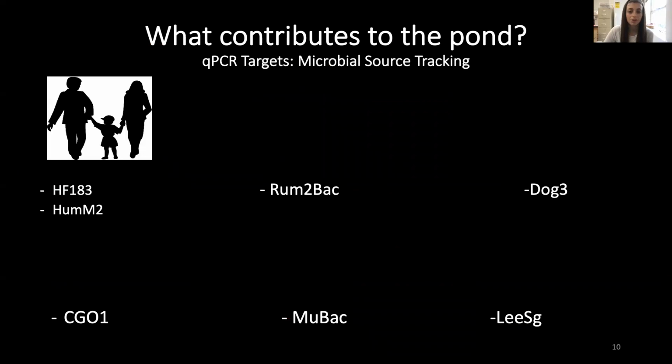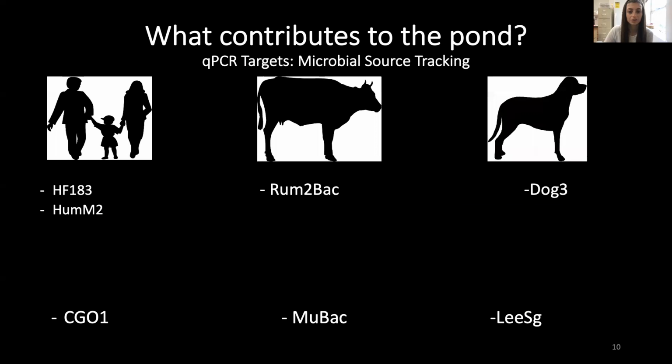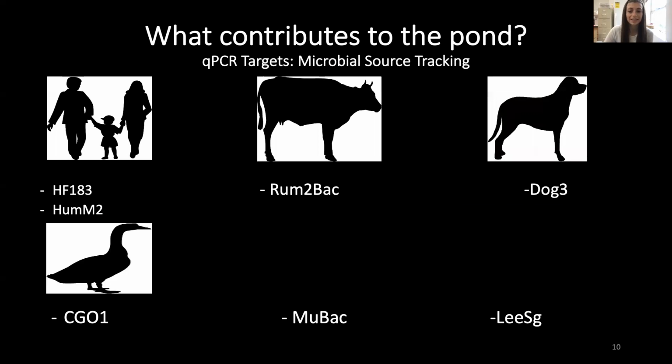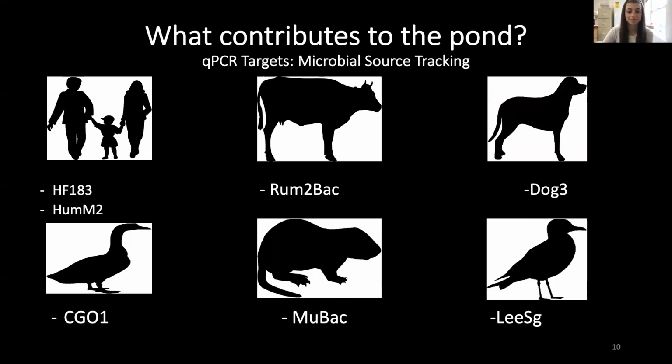We have 2 markers for humans, 1 for ruminants, 1 for dogs, 1 for Canadian geese, 1 for muskrat, and 1 for seagulls. All of these, except for HUMM2, are based on the 16S ribosomal RNA targets. Furthermore, they're all targeting bacterial species that are associated with that particular host. The sensitivity is as low as 10 copies or less per qPCR reaction.